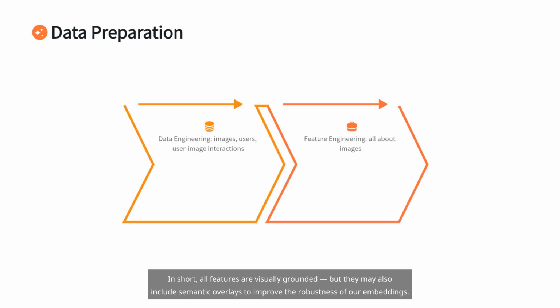In short, all features are visually grounded, but they may also include semantic overlays to improve the robustness of our embeddings. Effective visual search starts with a solid understanding of both what the image is and how users interact with it. That's what this data preparation phase is all about, setting up the foundation to learn meaningful, user-aligned visual representations.